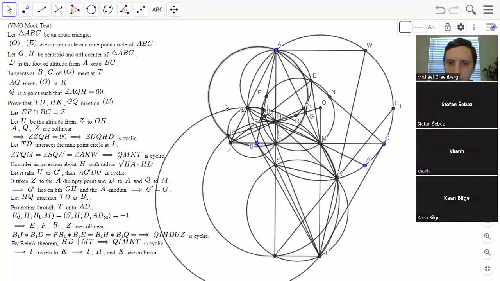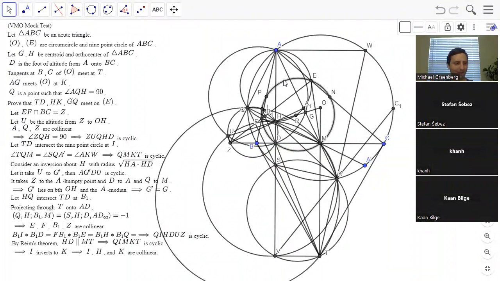So we can kind of calculate the angle QI makes with BC, and yeah, I think if we keep working on this, we might spend the rest of the time on this problem.